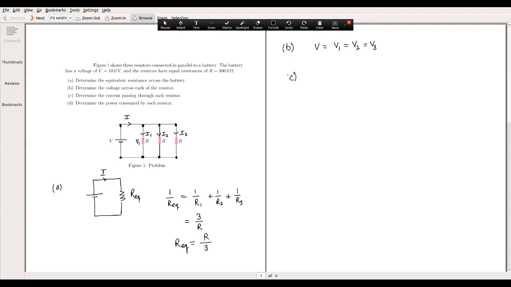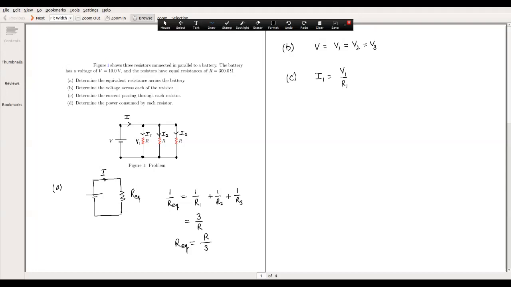Determine the current passing through each resistor. We are interested in I1, I2, and I3 locally for each of the resistors. Ohm's law is obeyed, so I1 is equal to V1 over R1. Notice that this is the voltage across the particular resistor we are discussing, not the voltage coming out of the battery. In this particular problem, of course, they are the same because they are connected in parallel.